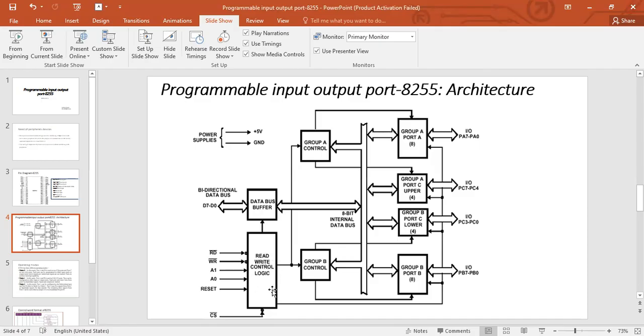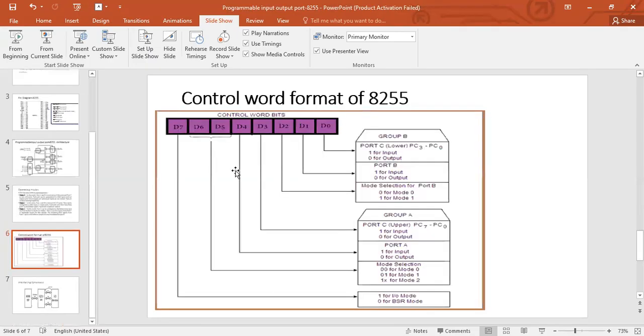We have to derive the control word from the control word format for the particular problem. Whatever problem is given to you, you have to frame your control word on the basis of that problem. We will see the numerical problem on control word formation. Before that, you must know the control word format, and how we will generate the control word.